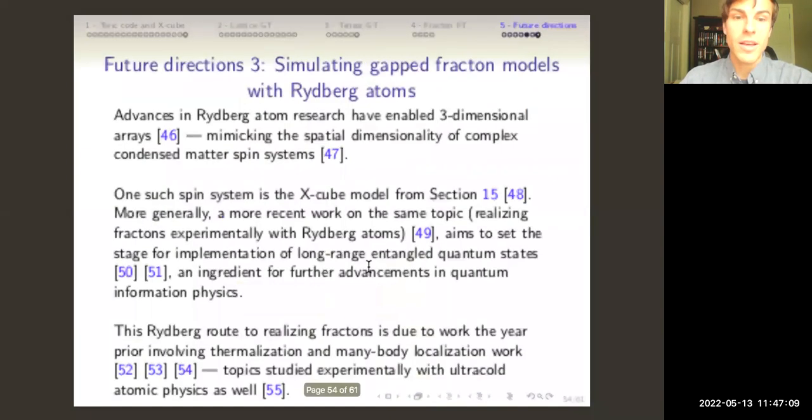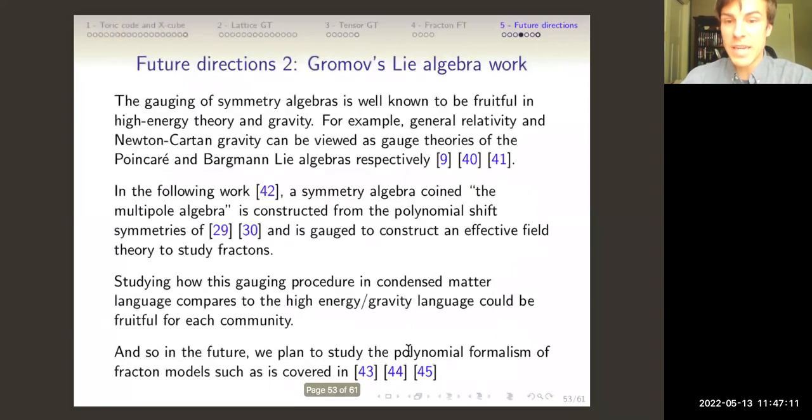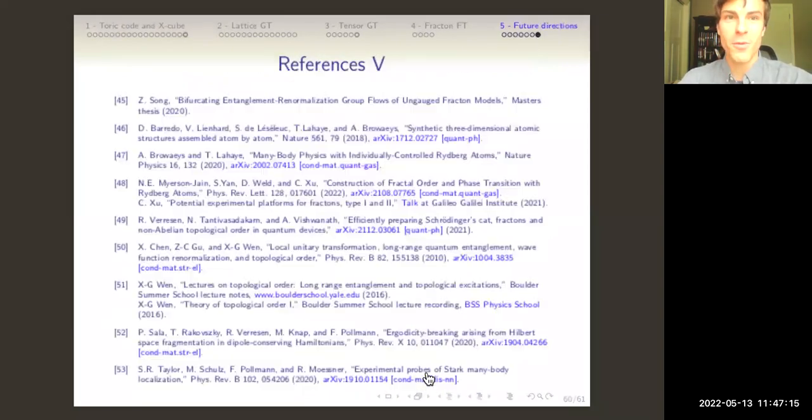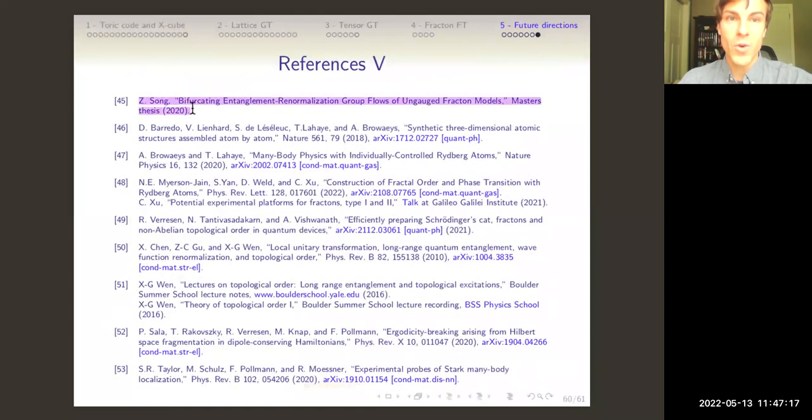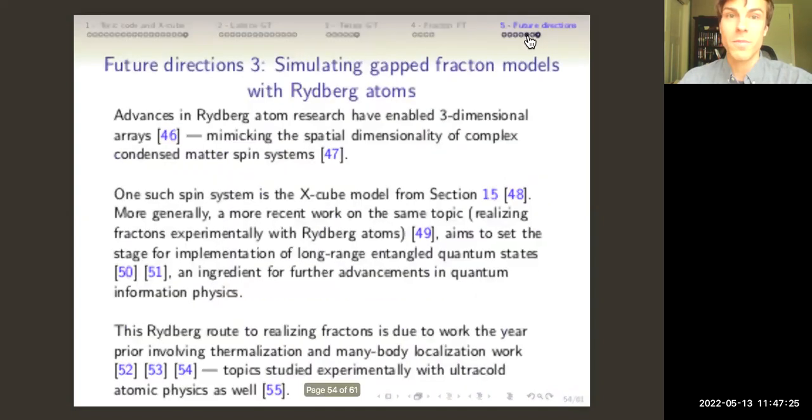One of the things that we would be using in that is a previous master's student's work of Professor Wei, who wrote a brilliant master's thesis that used a lot of this polynomial shift symmetry formalism.